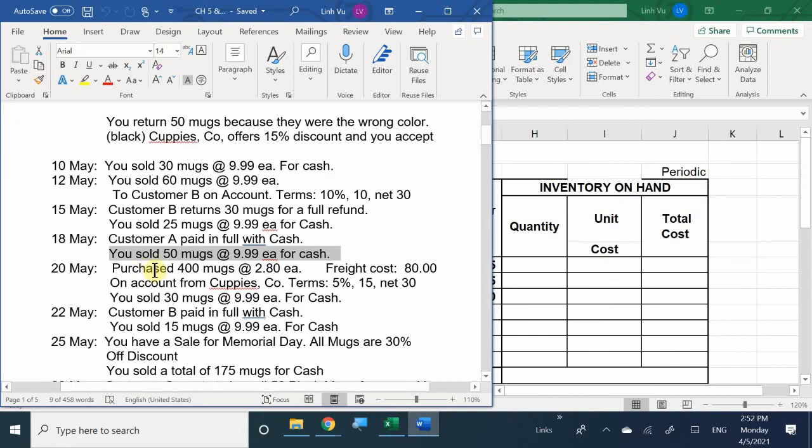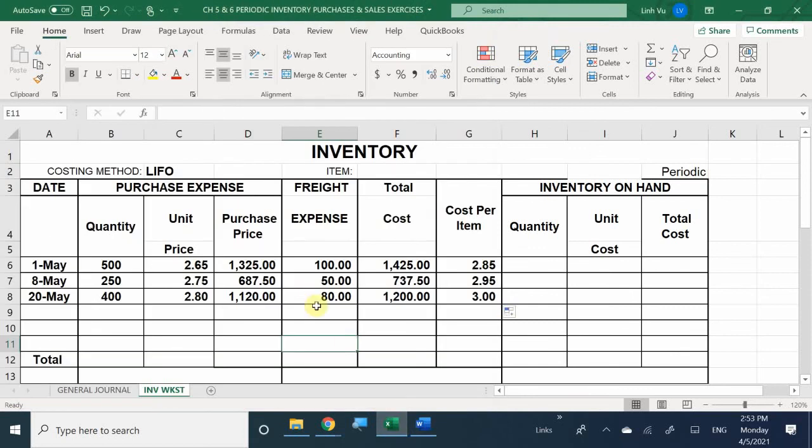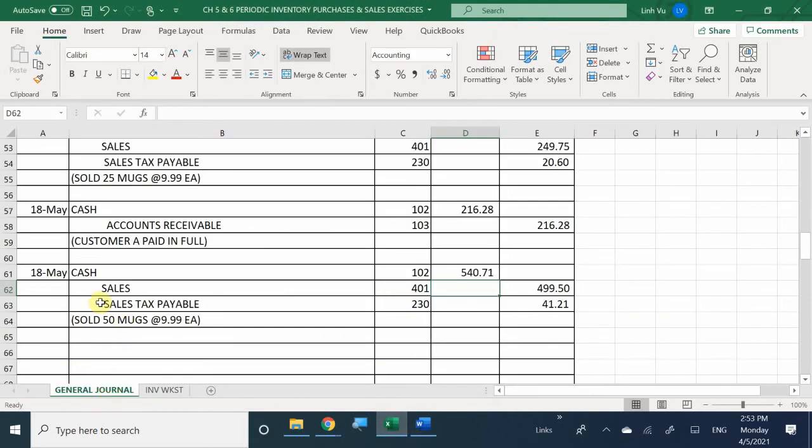Okay. So let's go ahead and journalize this because what else did we do? We placed it on an account, right? On an account from Cuppy's Co. We're given more terms. So this time, if we pay them within the next 15 days, we'll get a 5% discount. So let's go ahead and journalize this. So what am I going to recognize? Accounts receivable.